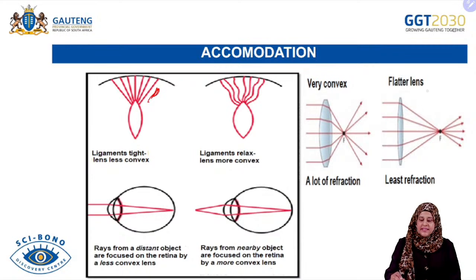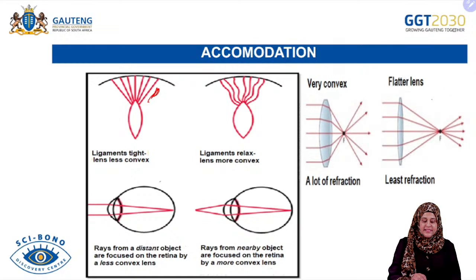When the lens is less convex, you can see that the light rays are bending, but the refraction of the light is less. That means the light is bending less and a clear image forms on the retina. So this is the diagram here that shows us when we are focusing on vision that is far away.